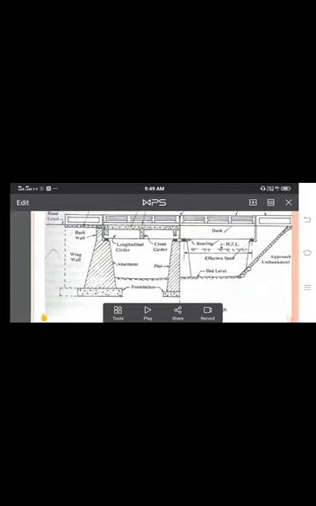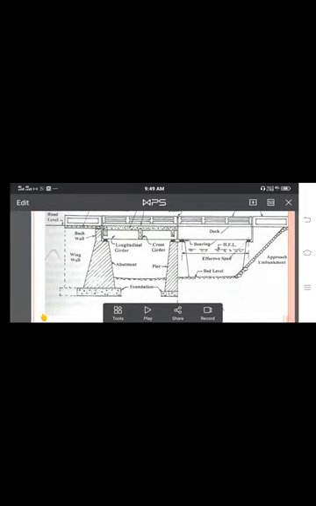Now, bed level means the level of ground below the bridges, it is under the water. Okay, bed level.